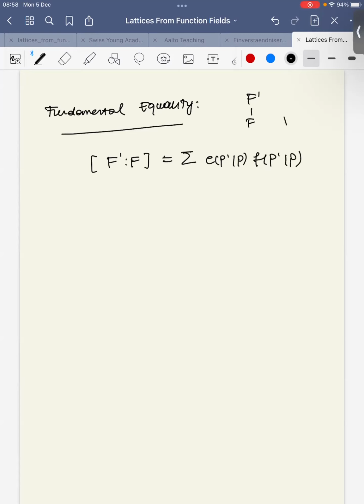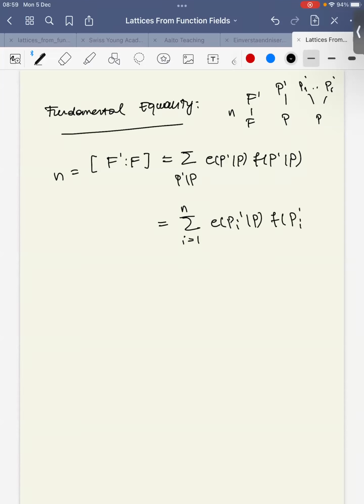Here we should be careful. This equality works for any given place P and its extensions. More explicitly, we know that there exist finitely many extensions P_i prime of P. That means this extension degree is equal to the sum of the ramification index times the relative degree.